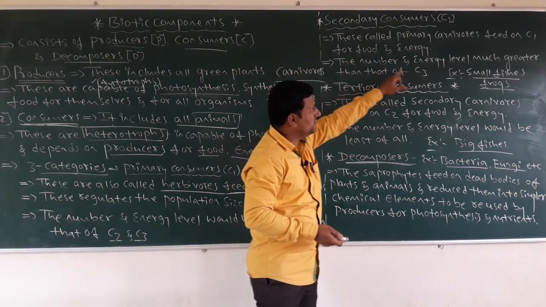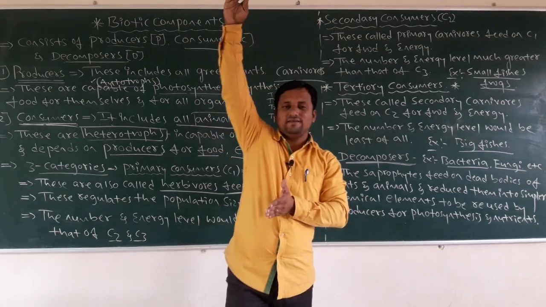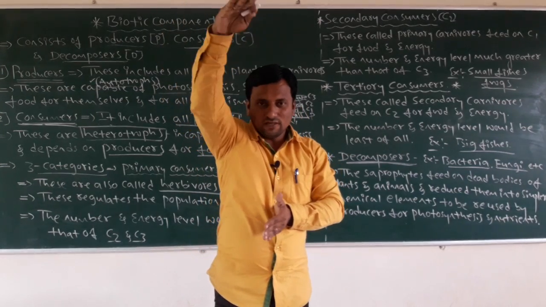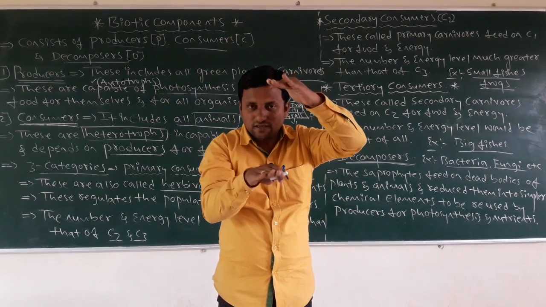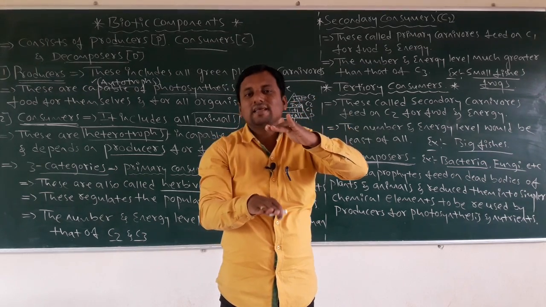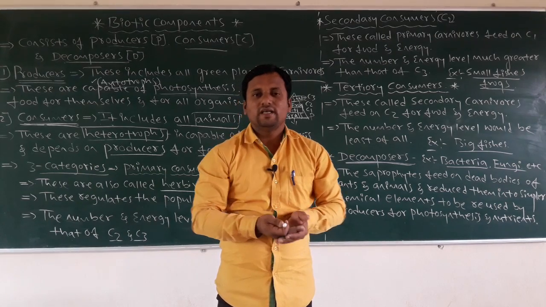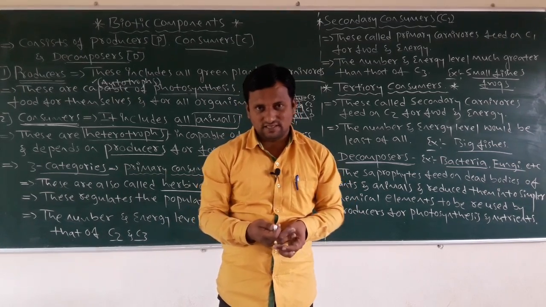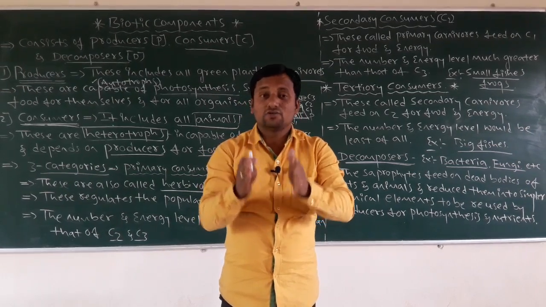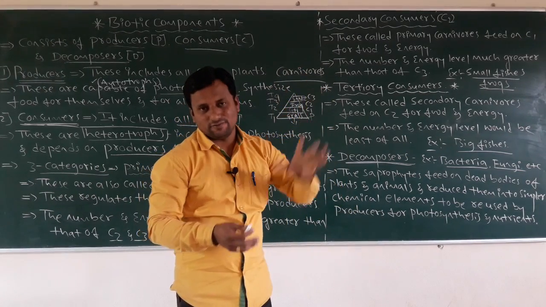Same, the number and energy level is much greater than that of C3. The number above decreases compared to the number below, which increases. Finally, producers will be the main role in the ecological pyramids, so their numbers should be higher than all other trophic levels.